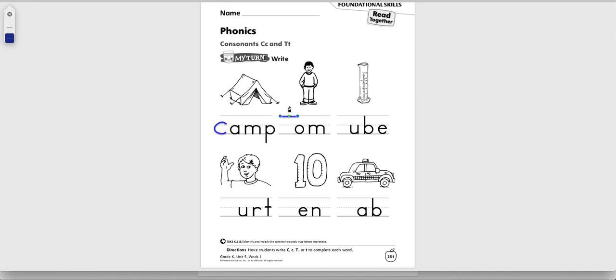We are using an uppercase T because it is the name of a person. Okay, let's look at the next one. What do you see? A tube. Am I going to use uppercase or lowercase? A lowercase t.